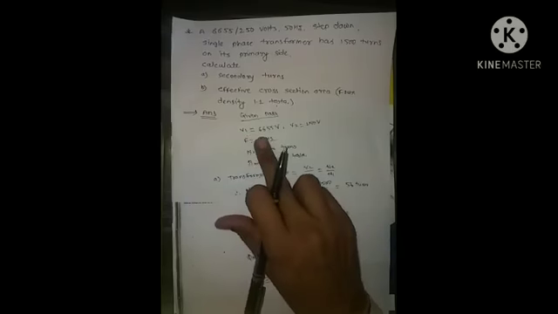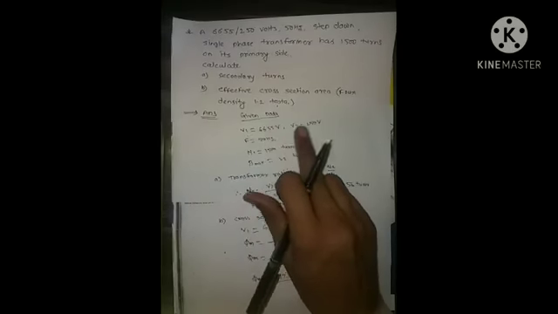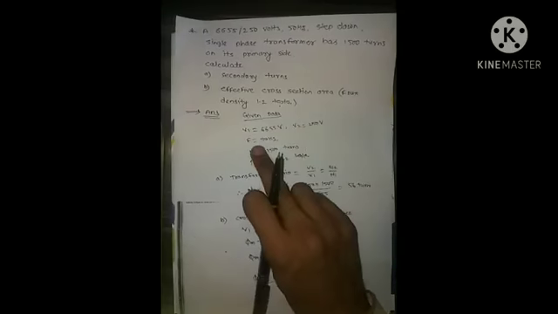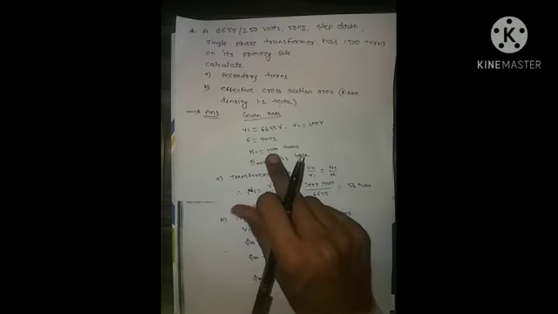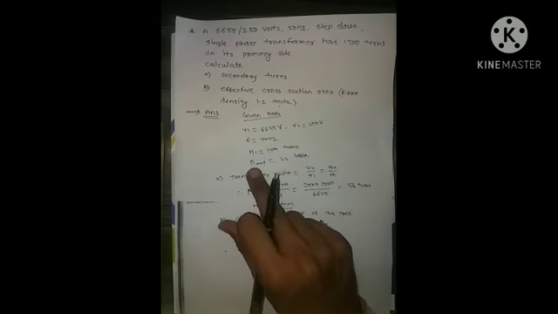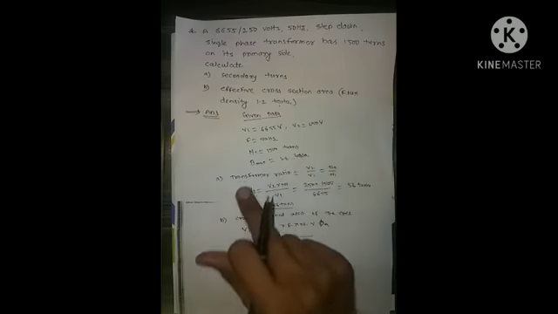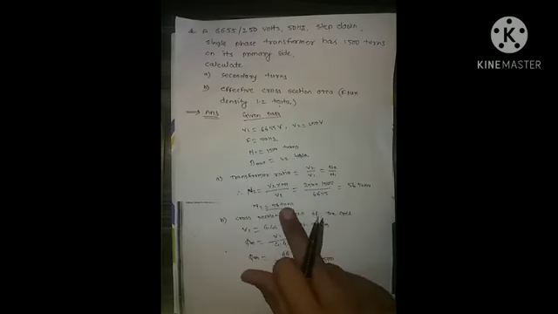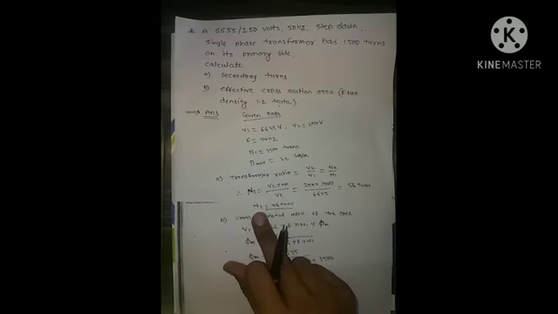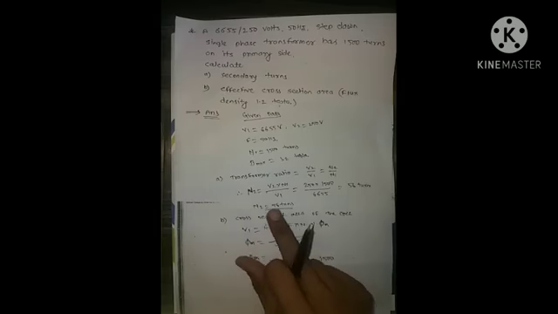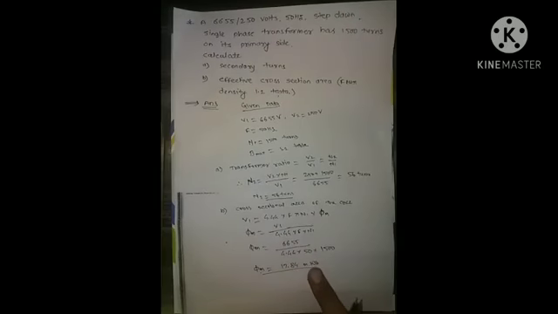So by using this given data, V1 equals 6655 V, V2 equals 250 V, frequency 50 Hz, N1 equals 1500, and flux density 1.2 Tesla, we first found the number of secondary turns N2 using the transformation ratio, which is 56 turns. After that we found the cross sectional area of the core.